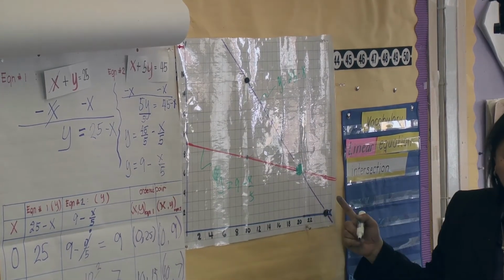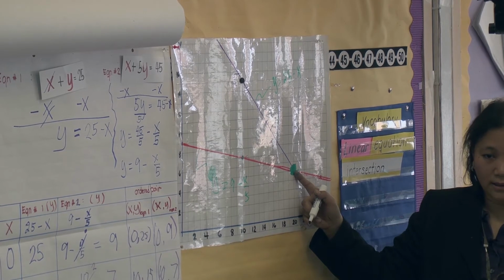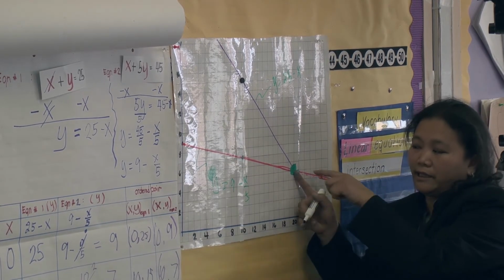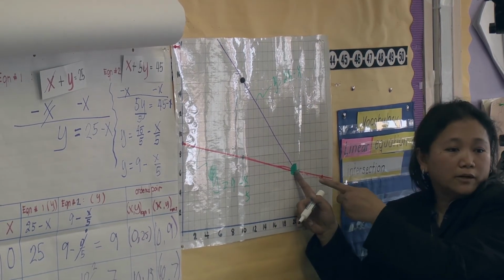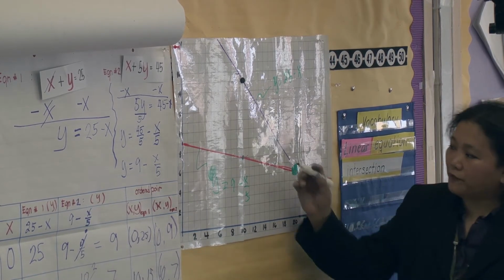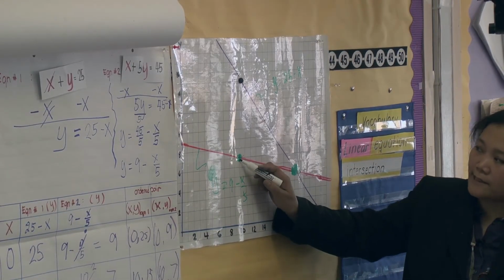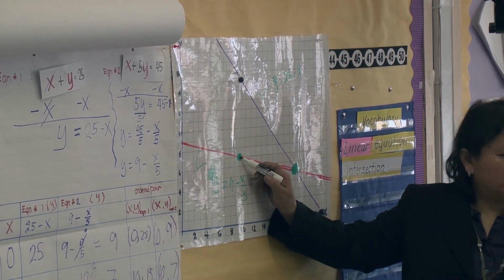This line is passing through this point. And the red line is also passing that point. Is that right, Alberto? Yes. So if I consider this point here, is the purple line passing this point?